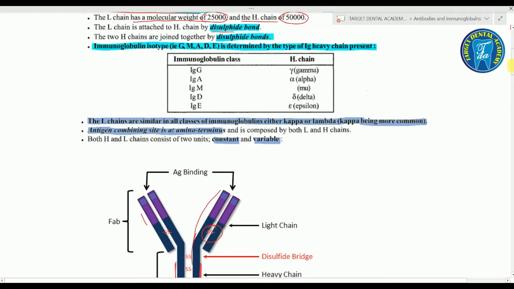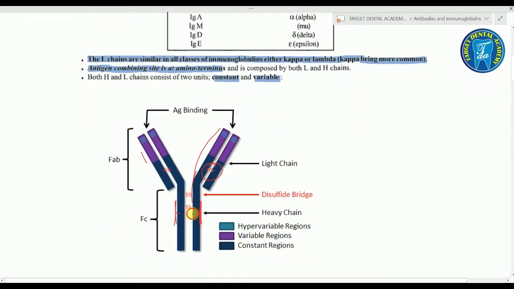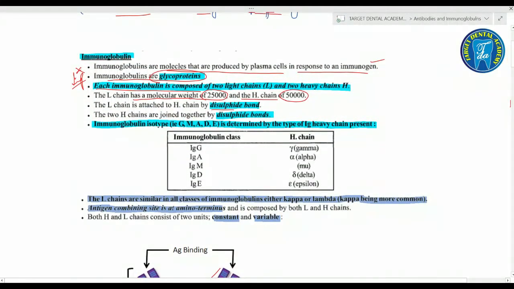And the two heavy chains are also connected to each other with the help of a disulfide bond, or disulfide bridge. So the immunoglobulin isotype, that is immunoglobulin G, M, A, D, E, is determined by the type of immunoglobulin heavy chain present.